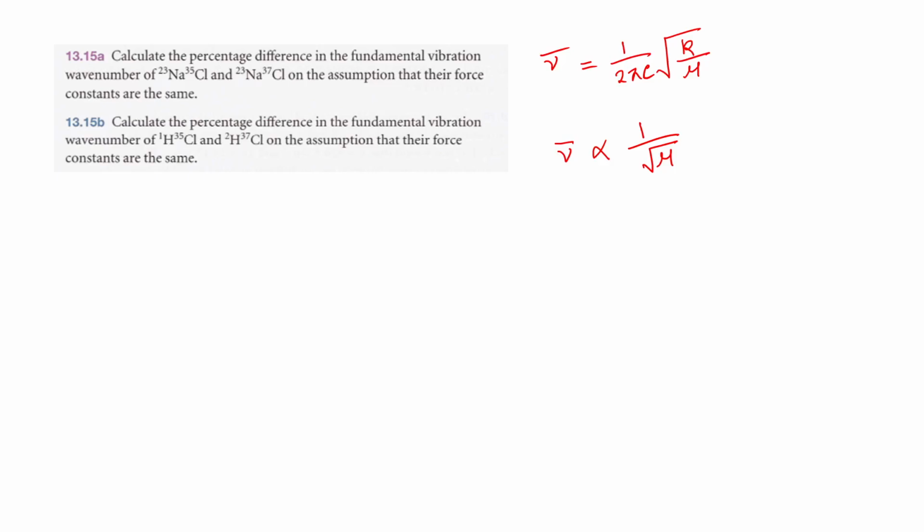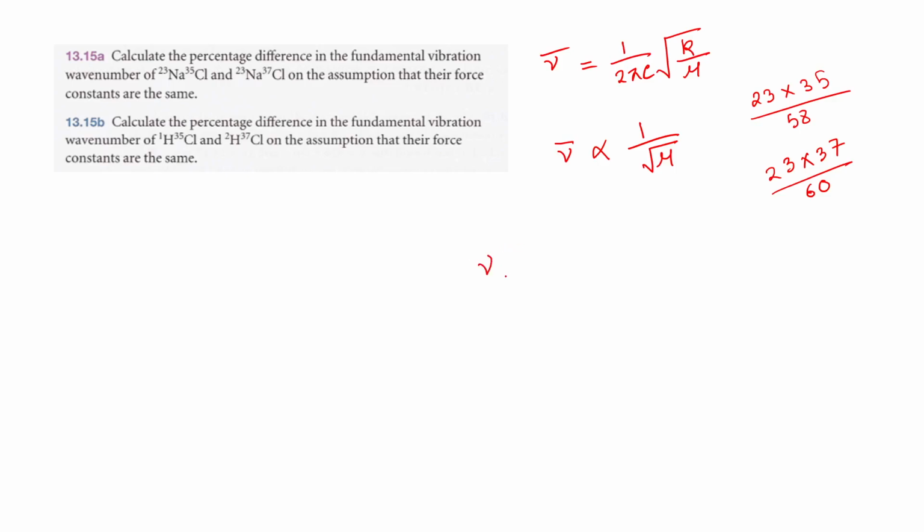They have said that the force constant is the same, but as we are dealing with two isotopes of chlorine, obviously the reduced mass changes. Your reduced mass for the first one is 23 into 35 divided by 58, and in the second case it is 23 into 37 divided by 60. Now calculate the percentage change.